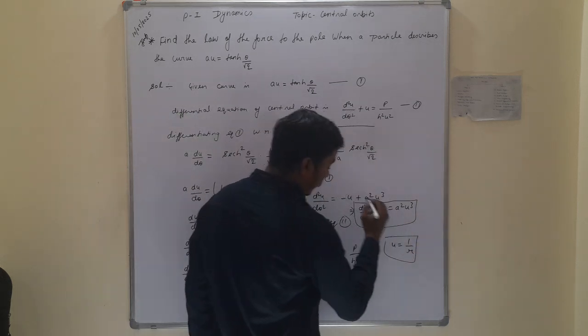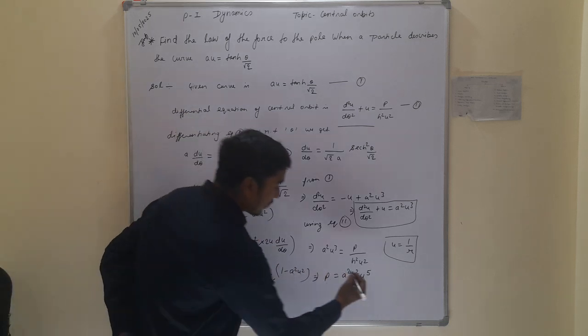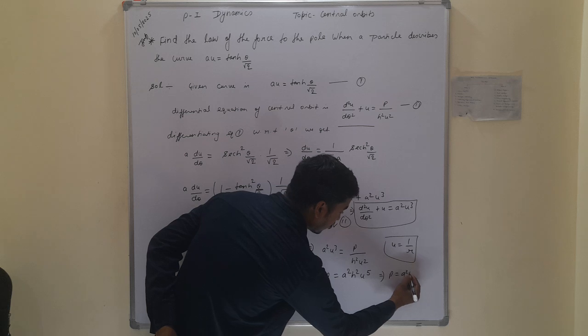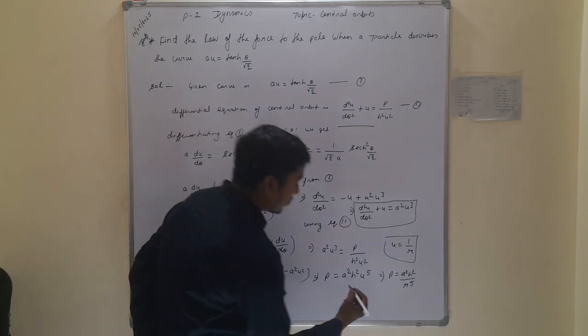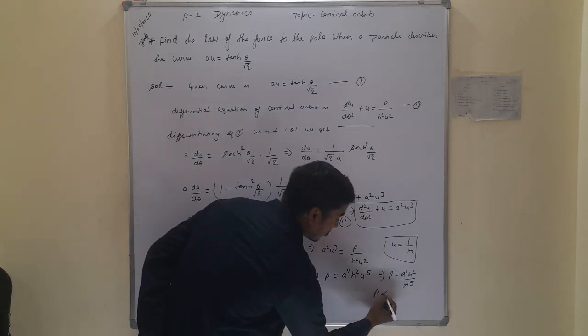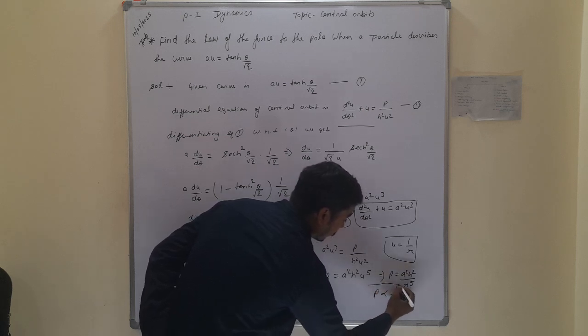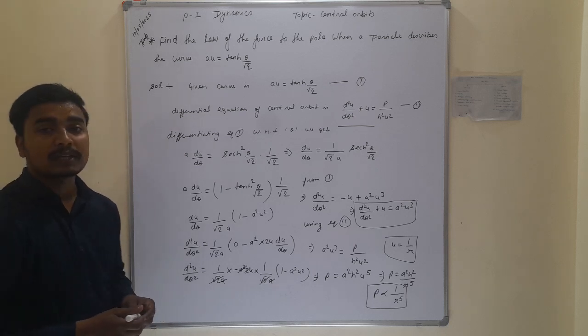Putting 1/r in place of u, we get P = a²h²/r⁵. So the central force is directly proportional to 1/r⁵. This is the required solution of the given problem. Thank you class, and thank you for watching.